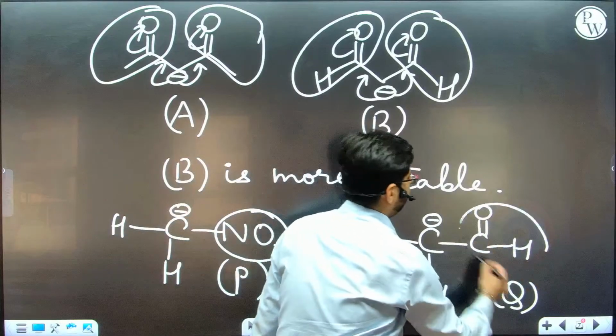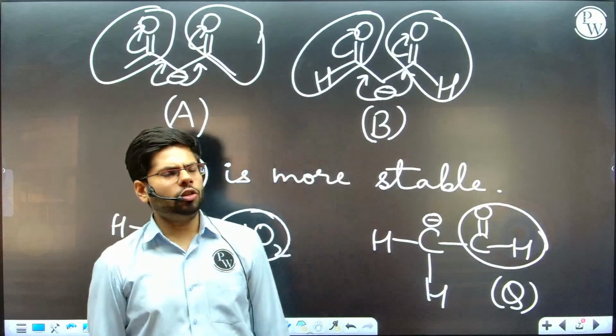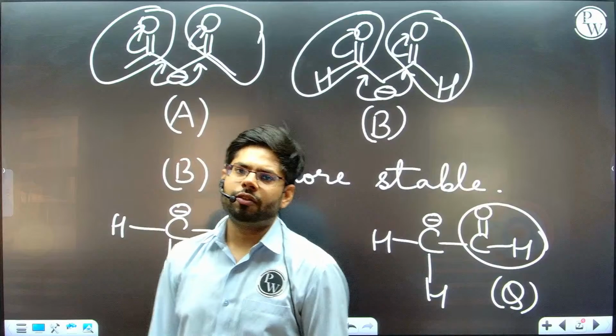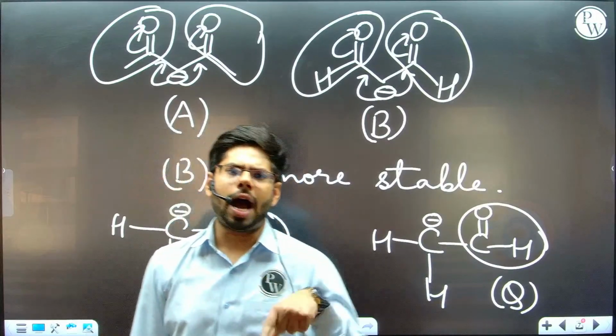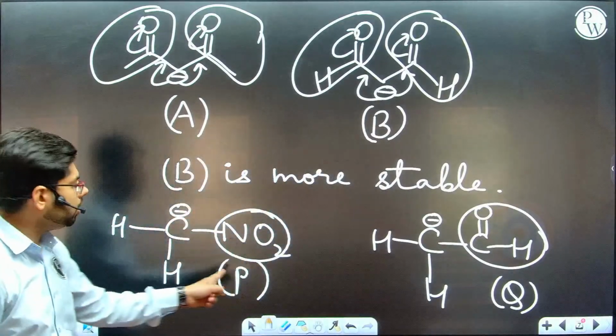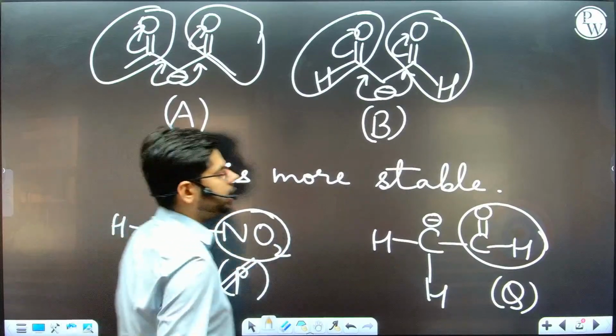Here we have minus M effect shown by CHO. CHO is aldehyde, NO2 is nitro group. You always need to remember that the minus M effect of NO2 is very, very strong. That means NO2 is the group which has the highest intensity of minus M, which means minus M effect is very high here because of NO2, and hence we can say that P is more stable than Q.